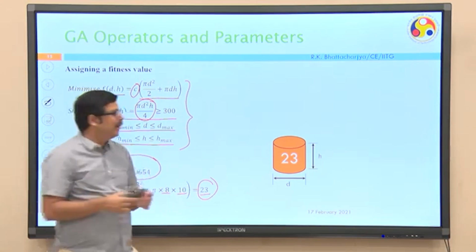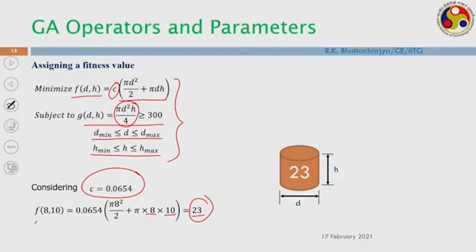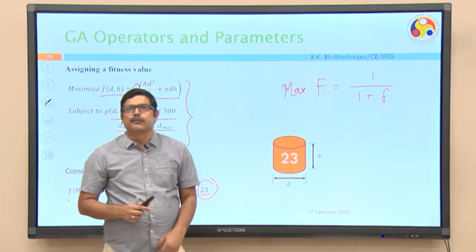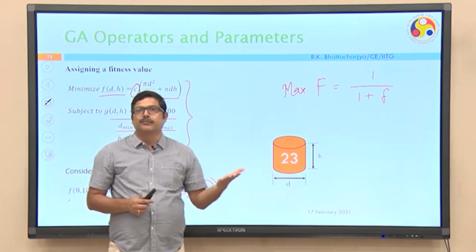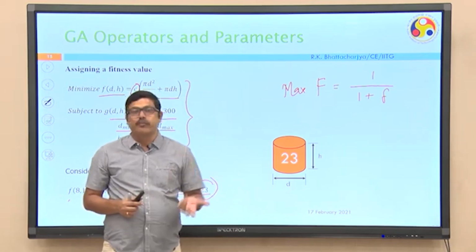But if you have any difficulties in that concept, I can also convert to capital F, and in that case I can maximize this. So, capital F I can write as 1 by 1 plus small f. In that case, if capital F is more, that means the solution is better. If capital F is lesser, then the solution is inferior.